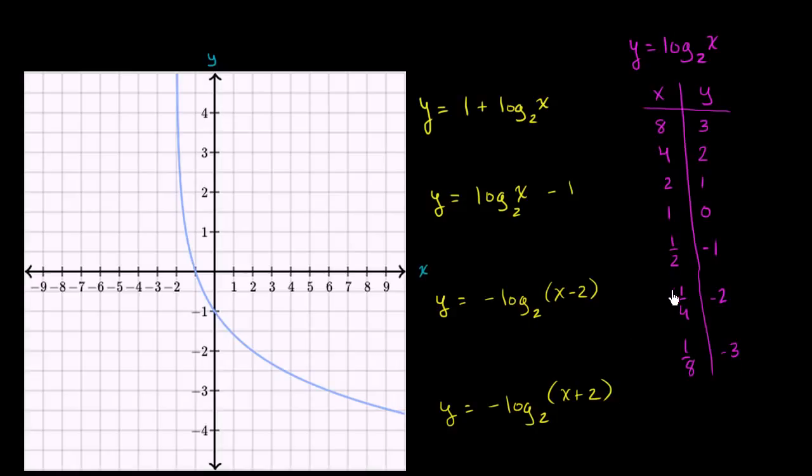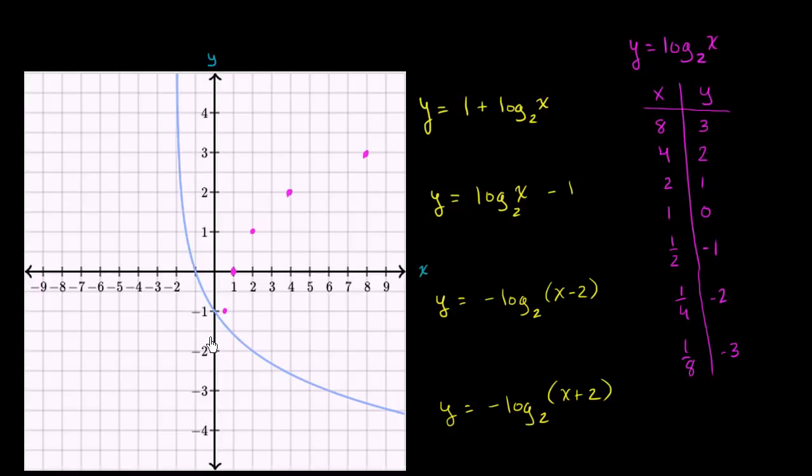Now let's just graph some of these points. When x is equal to 8, y is equal to 3. When x is equal to 4, y is equal to 2. When x is equal to 2, y is equal to 1. When x is equal to 1, y is equal to 0. I think you see the general shape already forming. When x is 1/2, y is negative 1.